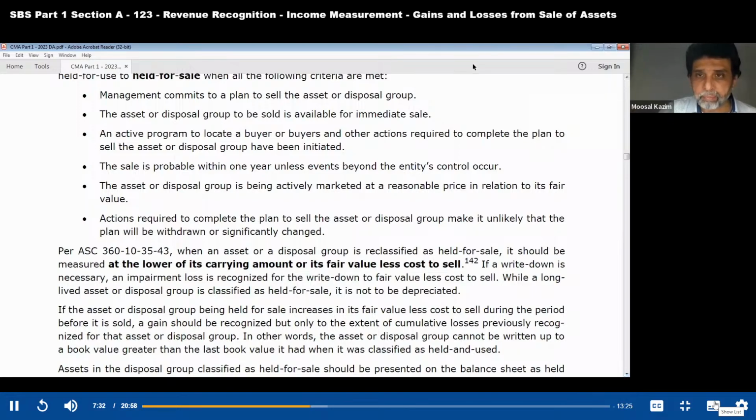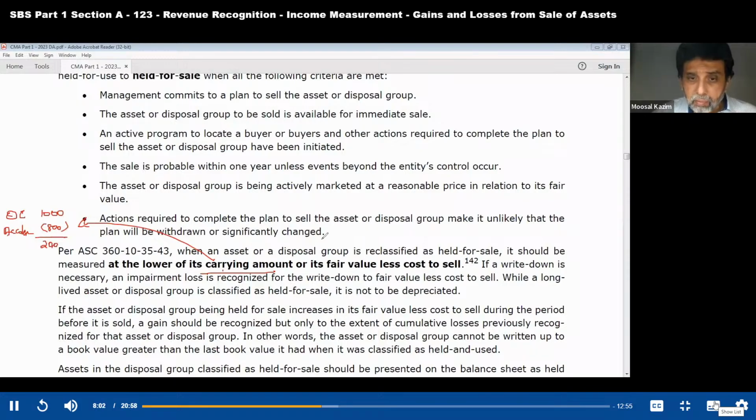Now, suppose the carrying amount, you know what's the carrying amount? Carrying amount is the original cost less depreciation. For example, if the original cost, I'll put it as OC, don't get confused, is 1,000 and accumulated depreciation is, let us say, 800, the carrying amount is 200.